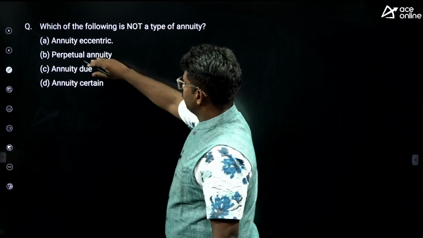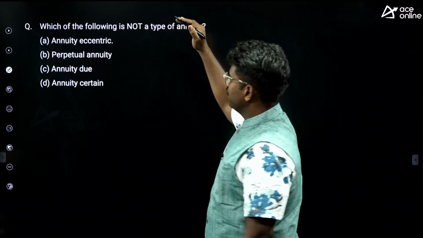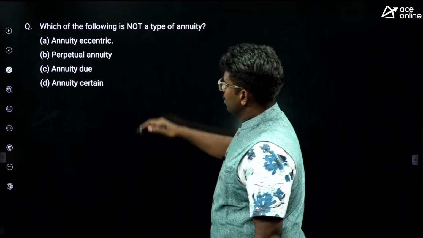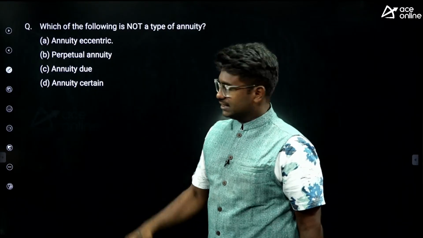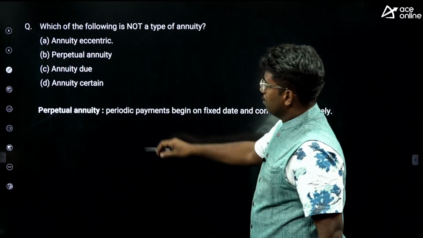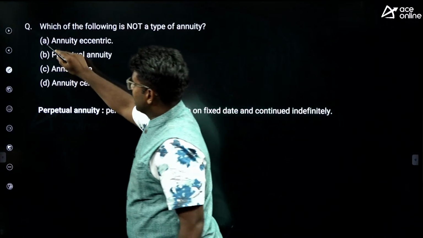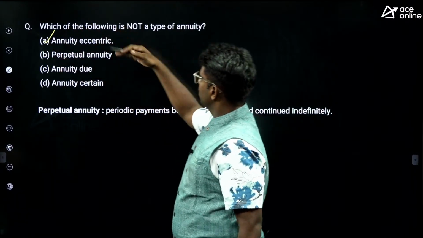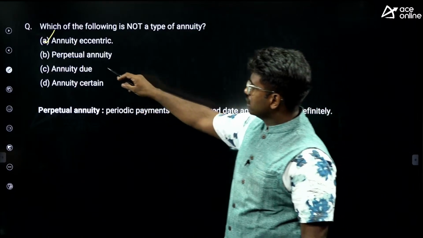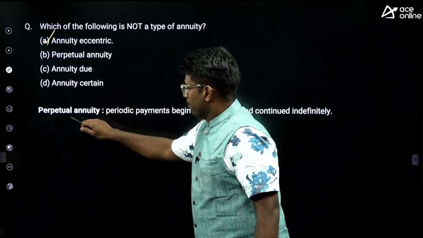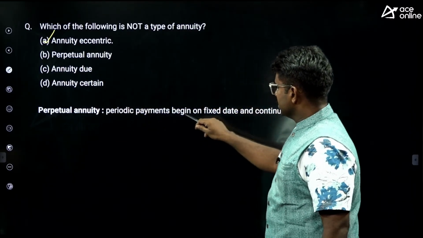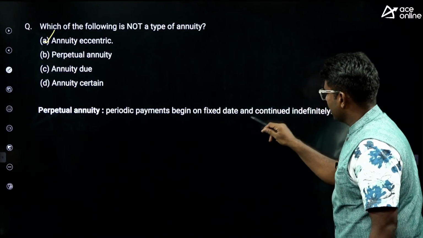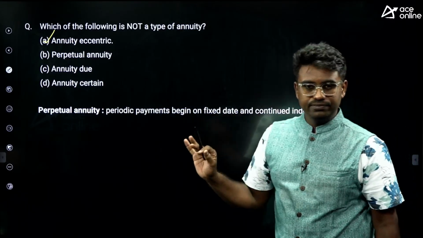Right. Which of the following is not a type of annuity? There are 4 kinds. Let's see the definition once. Actually the option is annuity eccentric. This is not even a kind of annuity. What is meant by perpetual annuity? Perpetual annuity, periodic payments begun on a fixed date and continued indefinitely.